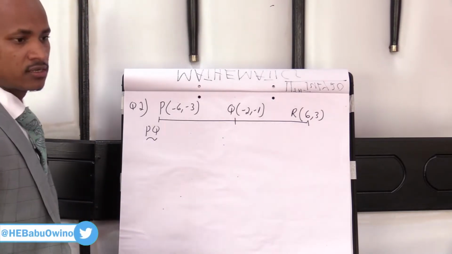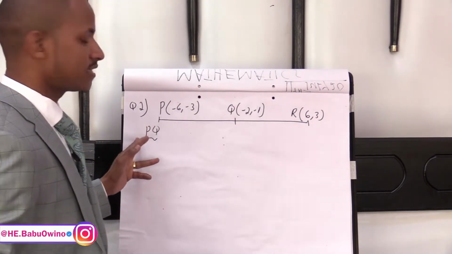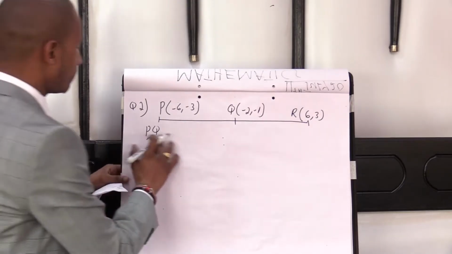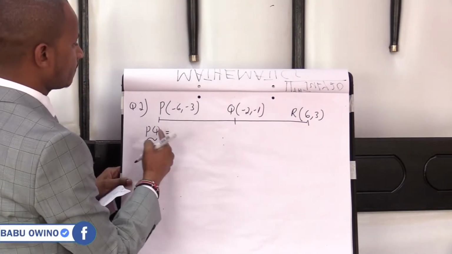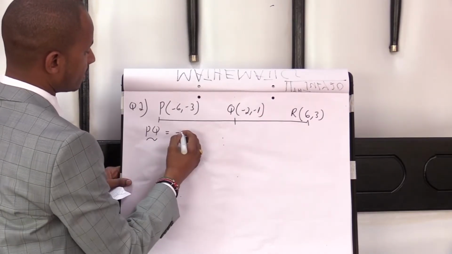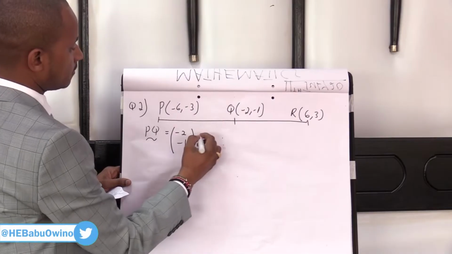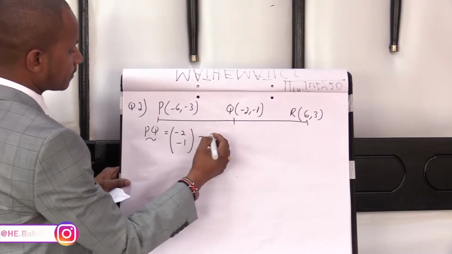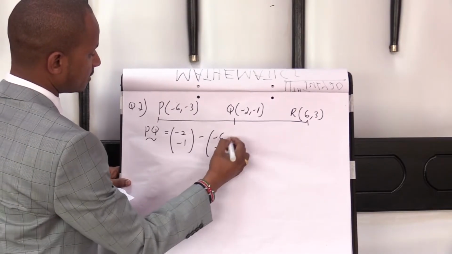Last time when I was telling you, PQ means Q minus P, as simple as that. Now Q is minus 2, 1. In column vector form, you write it minus 2, 1. Then minus P. P is minus 6, minus 3.